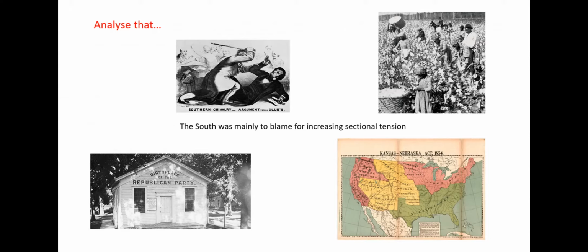And what you should do as a revision activity is jot down on a page some ideas as to what agrees and what disagrees with that proposition. So the South was to blame. Well, slavery was a huge cause of sectional tension, and the South's desire to maintain slavery was a huge cause of sectional tension.